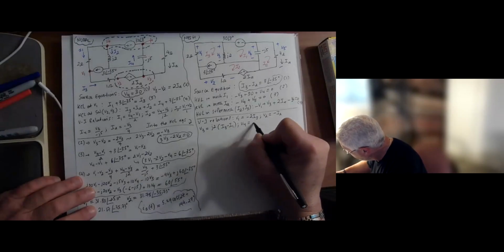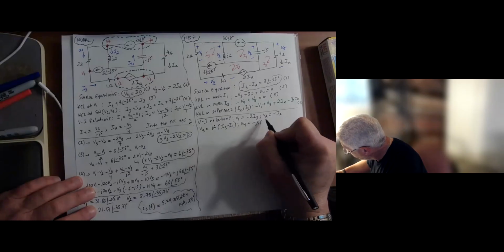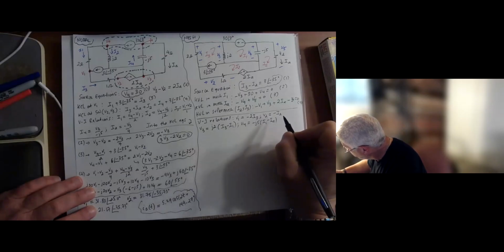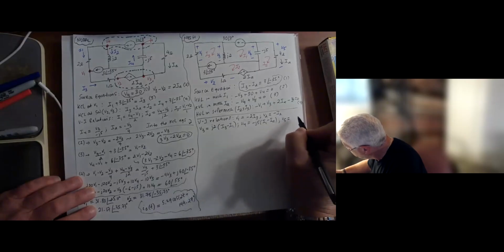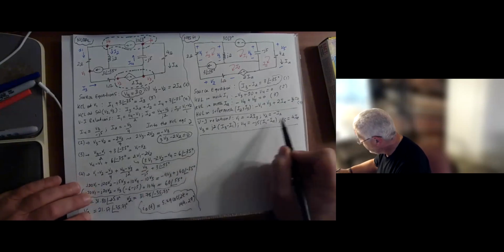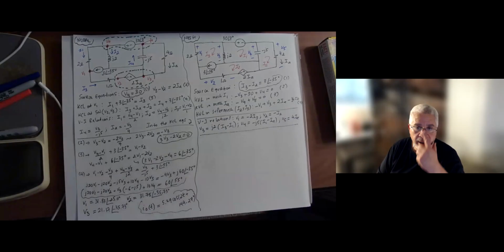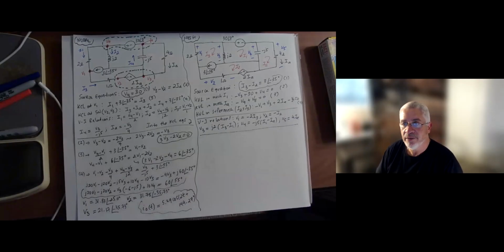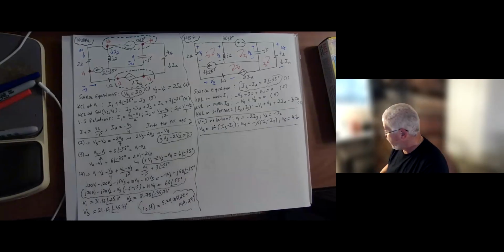V4 is minus J5 times I1 minus IA. V5 is 4IA. So these are my voltage-current relationships, expressing the voltages in terms of the mesh currents that are unknown.